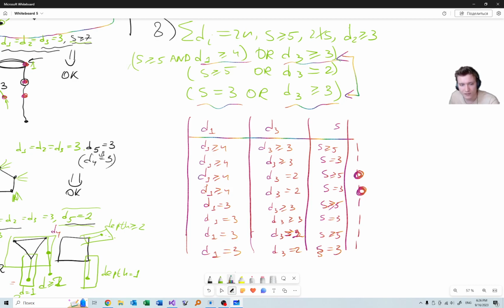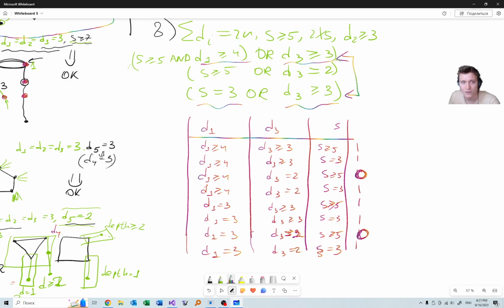So it is impossible that s equals 3. Sorry, I again messed up. It is impossible that this is true and this is true.